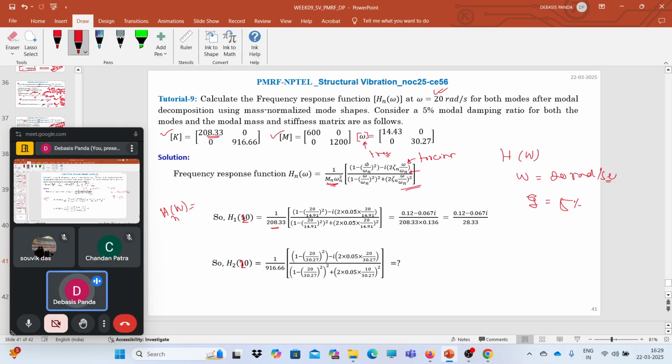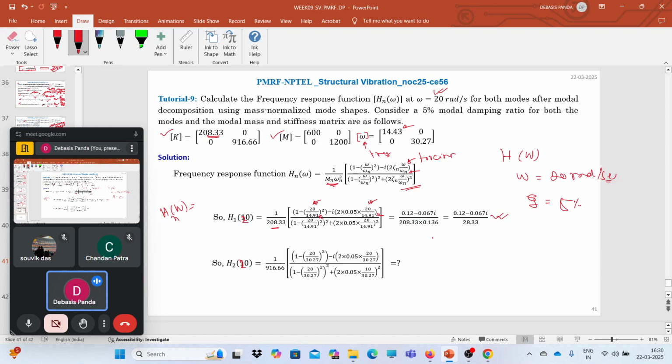Now 1 minus omega by omega_n, this is your forcing frequency given as 20 rad per second. This is the natural frequency already given corresponding to the first mode, and I again put these values. Now if we simplify it a little bit, we will have the answer like this.